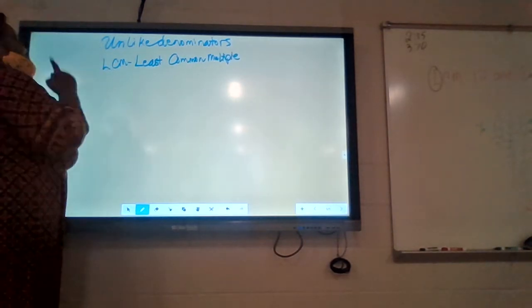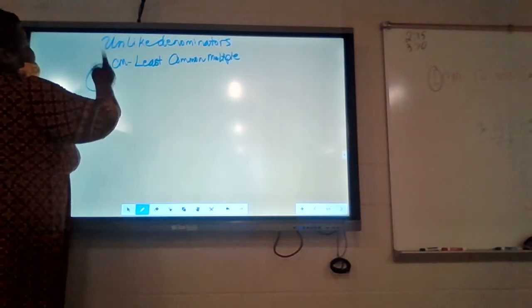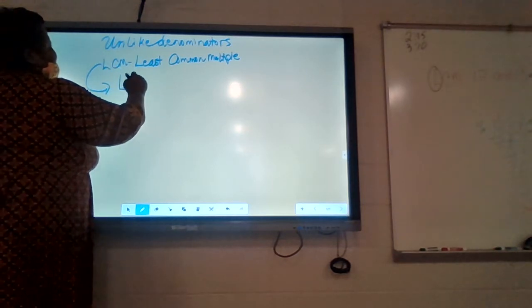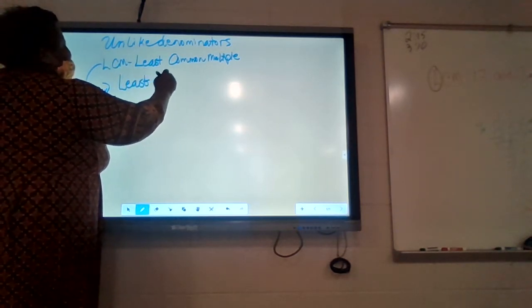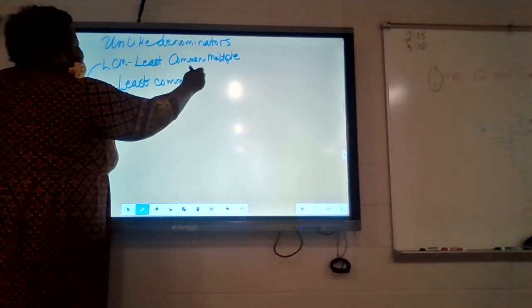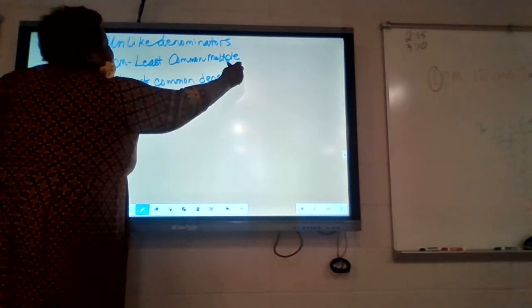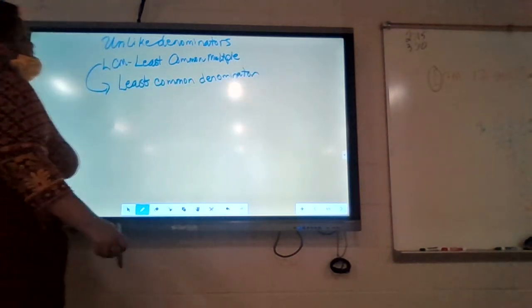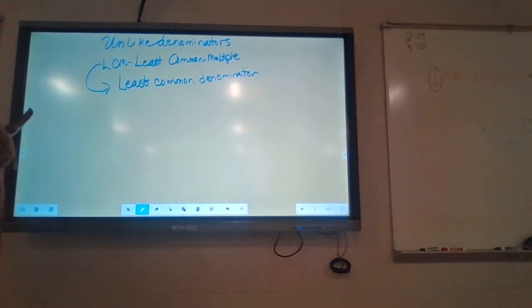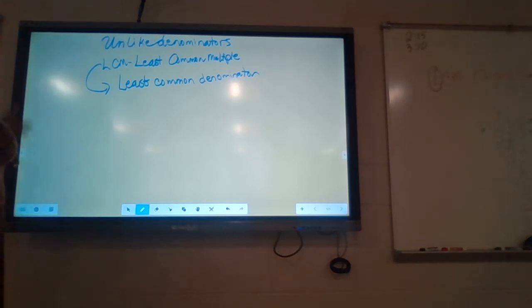So when we're dealing with fractions, we call it the least common denominator. We're going to use the concept of LCM, least common multiple, to find the LCD, the least common denominator.